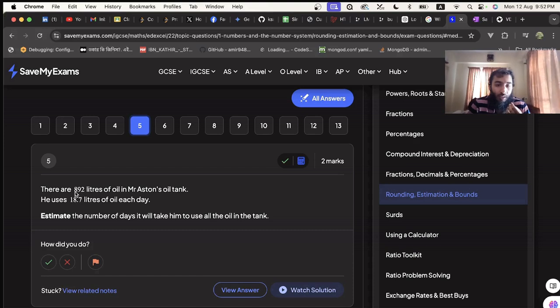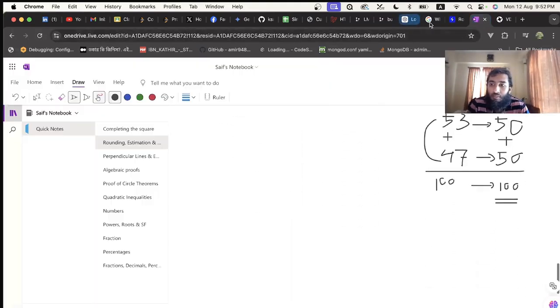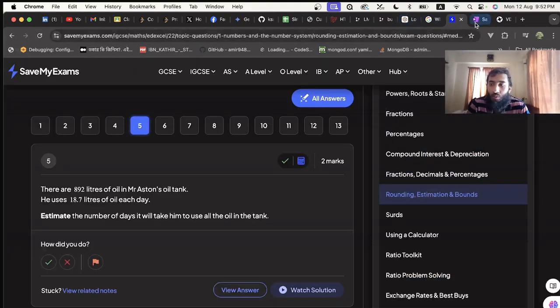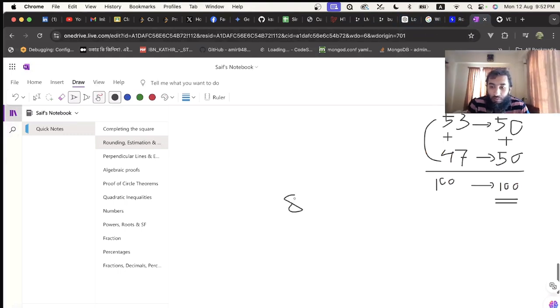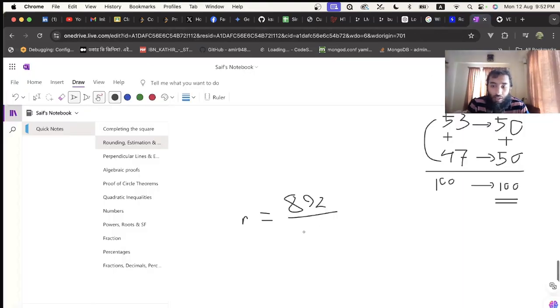So how much oil is given? 892 liters, that's the total, and each day 18.7 liters of oil is used.